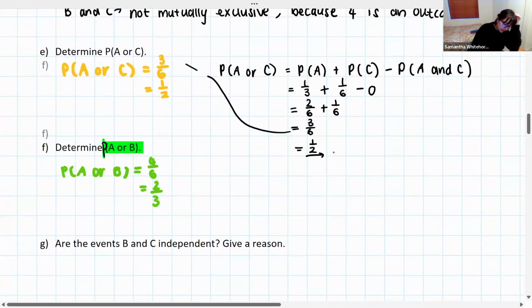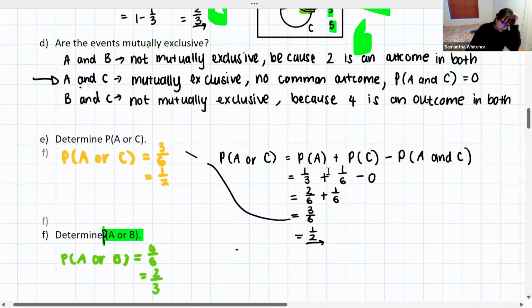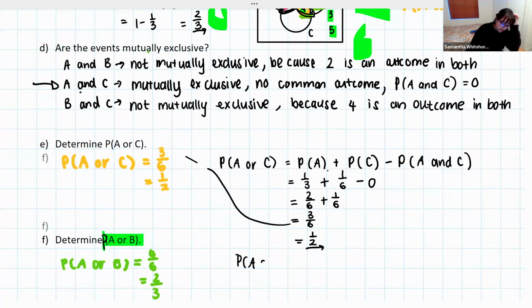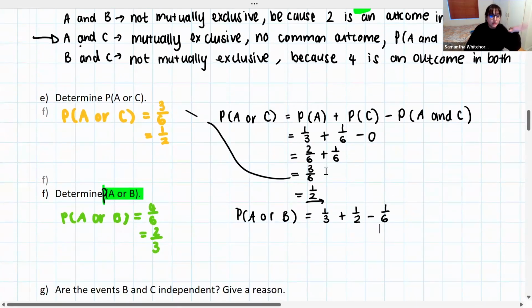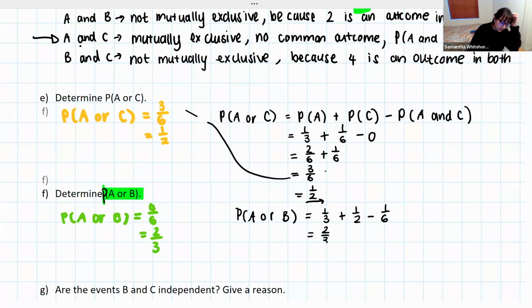So if we use the rule, the probability of A or B is the probability of A, which we already know is 1/3, plus the probability of B, which we know is 1/2, minus the intersection. There was only one outcome, so 1 out of 6. And you type that into your calculator. Please don't do an LCD and all of that nonsense. It's not what we're testing here. Type it into your calculator. And this gives you 2/3.